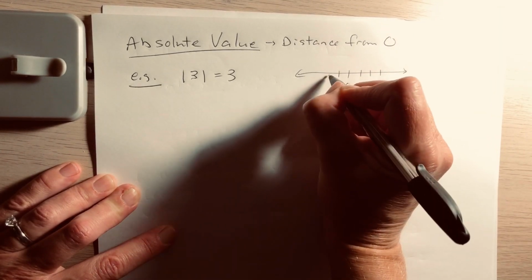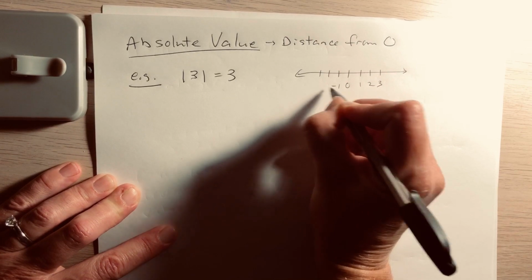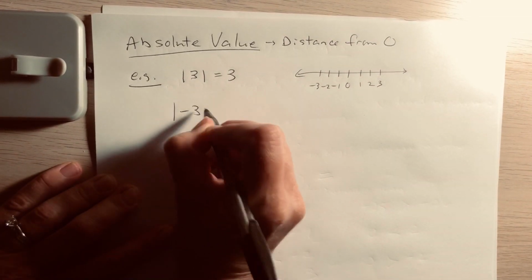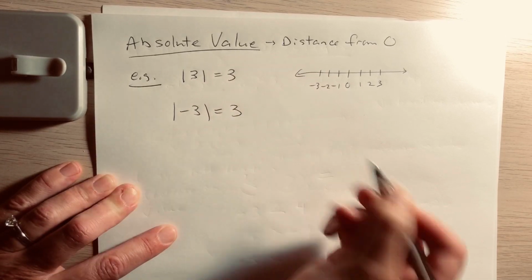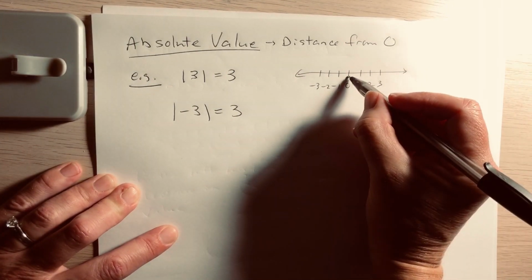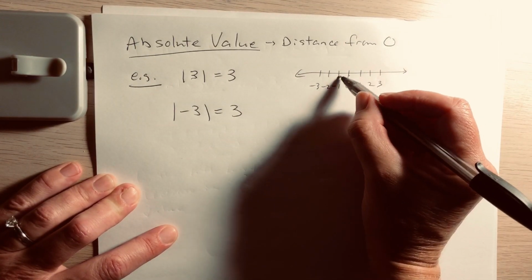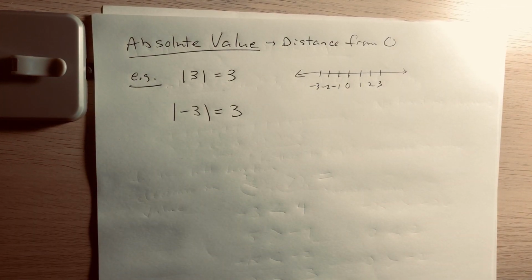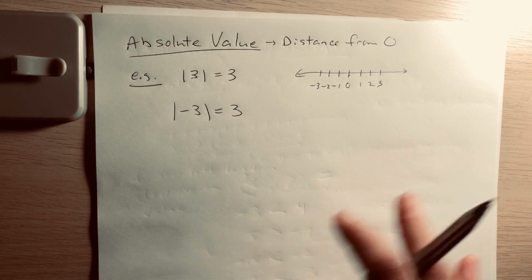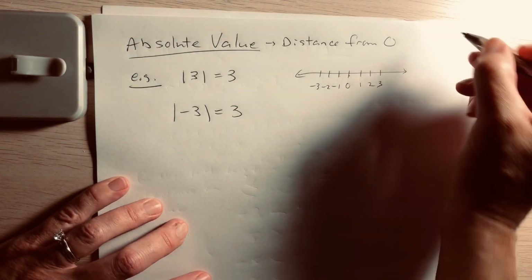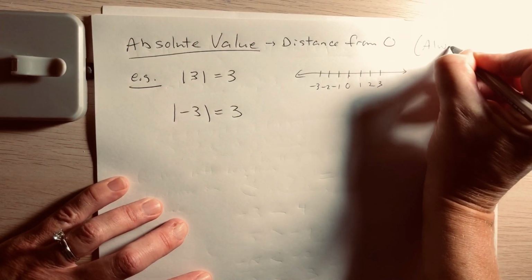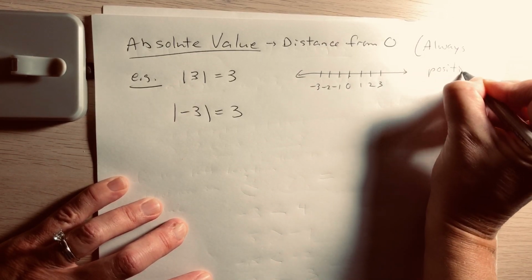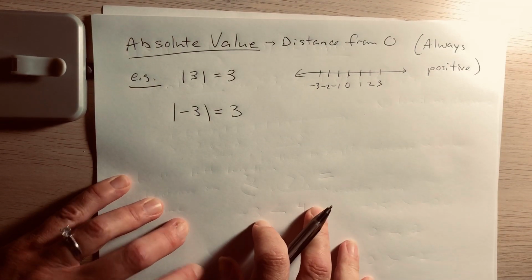In a similar fashion, we would say that the absolute value of -3 is also 3 for the same reason, because it is 3 steps away from 0. So absolute value, as a result of its definition, is always positive, because we're talking about just how far away that number is from 0.